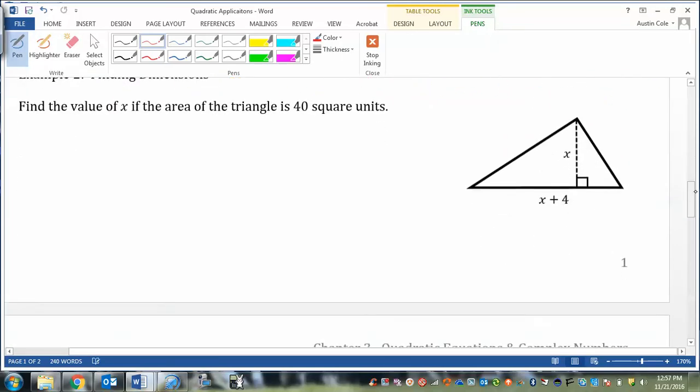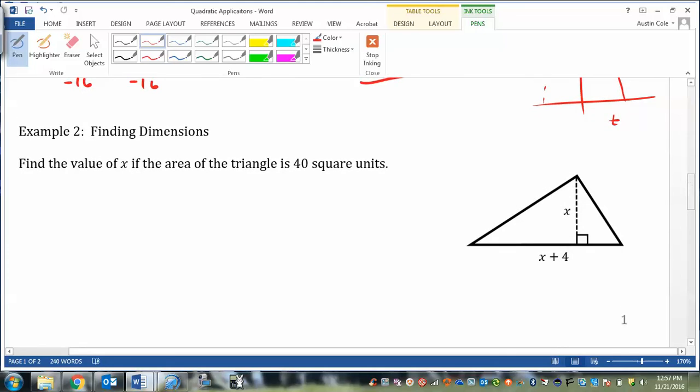Okay. Example 2 says find the value of x if the area of the triangle is 40 square units. So here I have a triangle. The area is 40 square units. What's the formula for the area of a triangle?